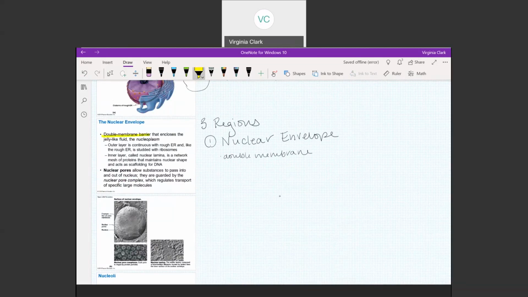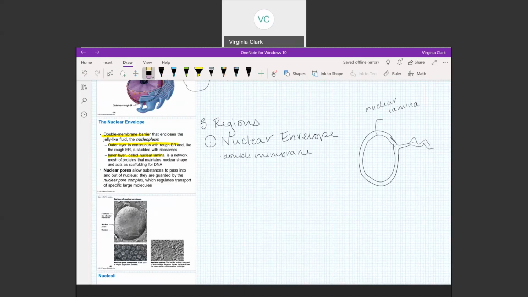The outside layer of the nuclear envelope is continuous with the rough ER, and the inside layer is one solid substance. The inner layer is called the nuclear lamina, which is this guy right here. Lamina means laminated, which means lots of layers.